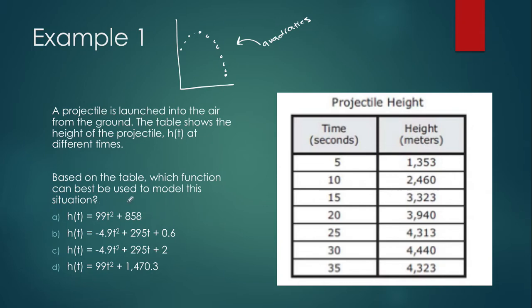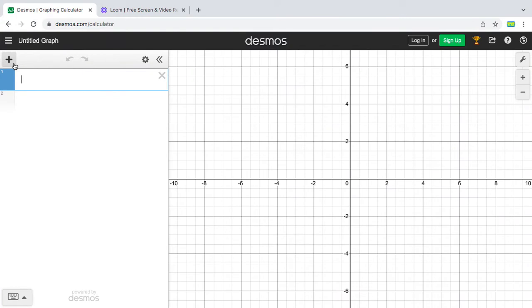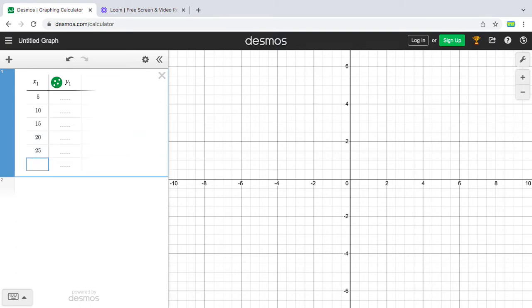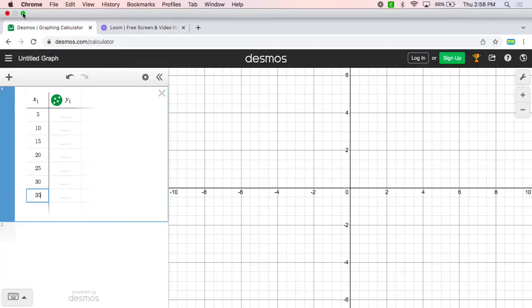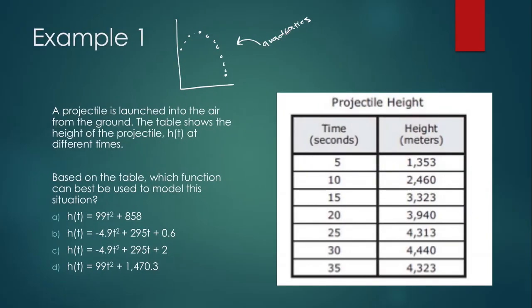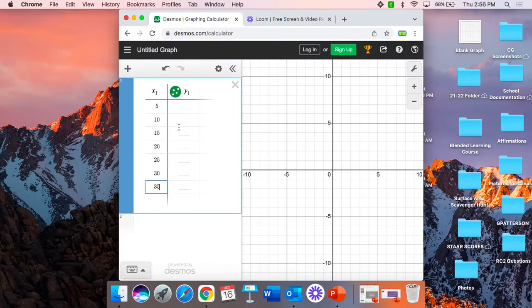Well, we're going to put this table into Desmos. So plus sign, table, 5, 10, 15, 20, 25, 30, 35. Let's see if I can do this. 1,353.